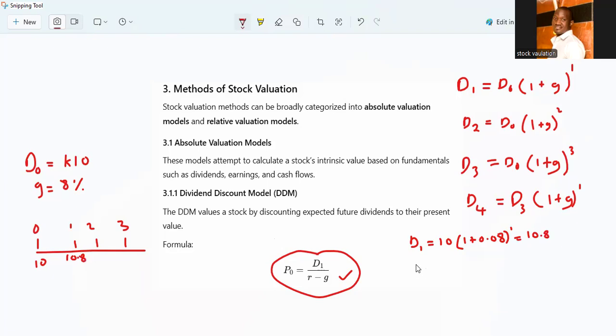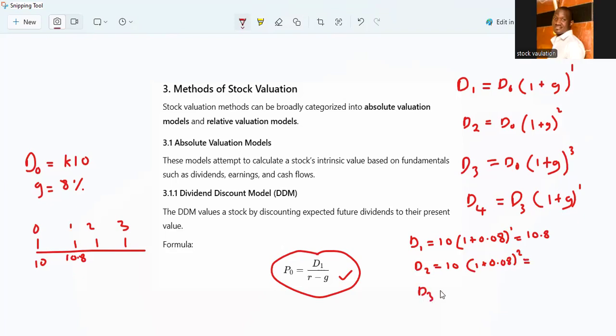So who can help me? How do you calculate the dividend in year two? It's 10 times 1 plus 8%, to the power 2. What do we get? Others should be calculating.